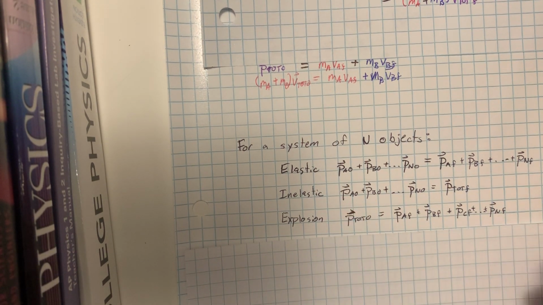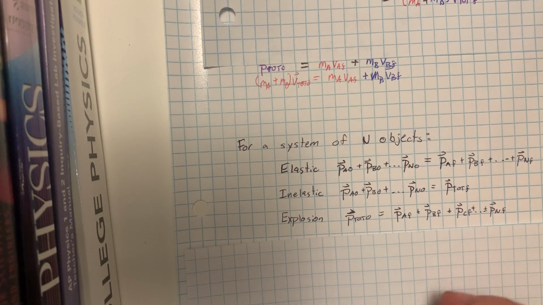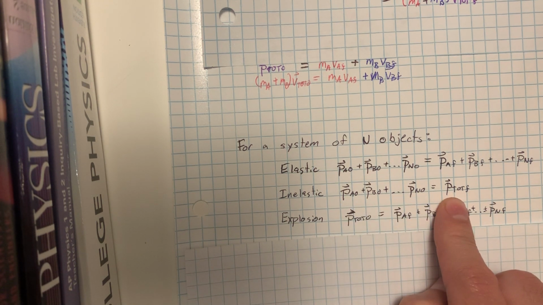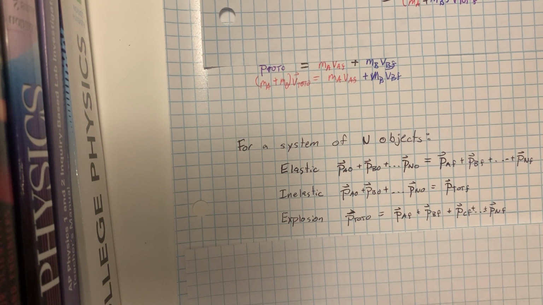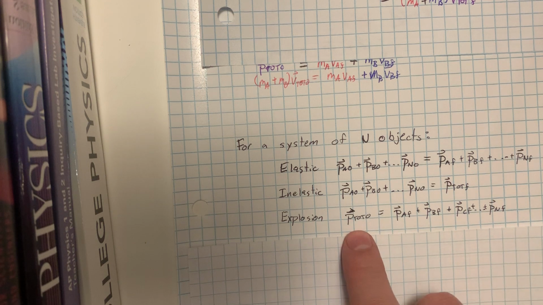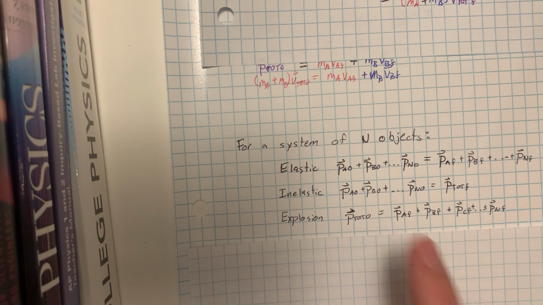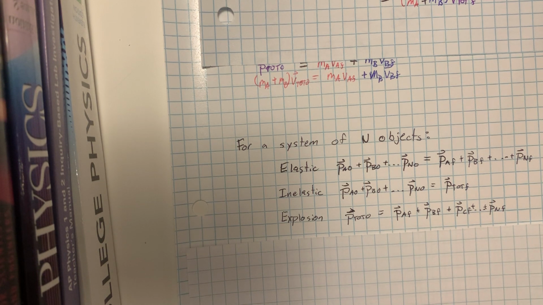For inelastic, we're not normally going to have a large number of things colliding together at the exact same time inelastically, but we would just have P total F as one term at the end when everything's clumped together. For an explosion, we'd get P total naught, because everything's initially in the same place, equal to PAF, PBF, PCF, and so on up to PNF.